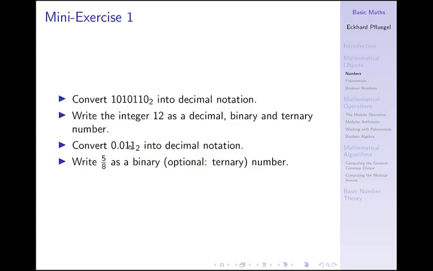And finally, this fraction, 5/8, can you write this as a binary and perhaps as a ternary number? But anyway, the most important thing is that you can master the first 2 bullets, and that is maybe just to deepen your understanding of the method, but it's less likely to be used in the cryptographic algorithms.